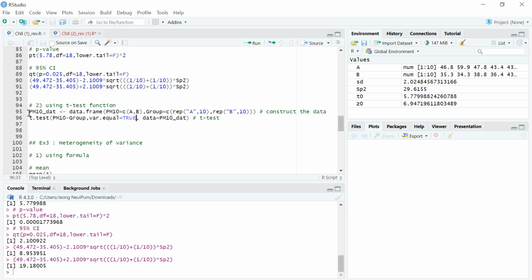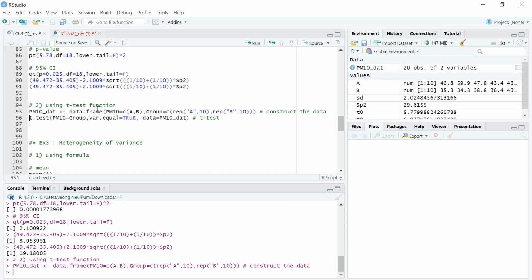If you make the data frame with this one, and put the data frame into the argument of the t.test function with the adequate arguments, you can also get the same result.